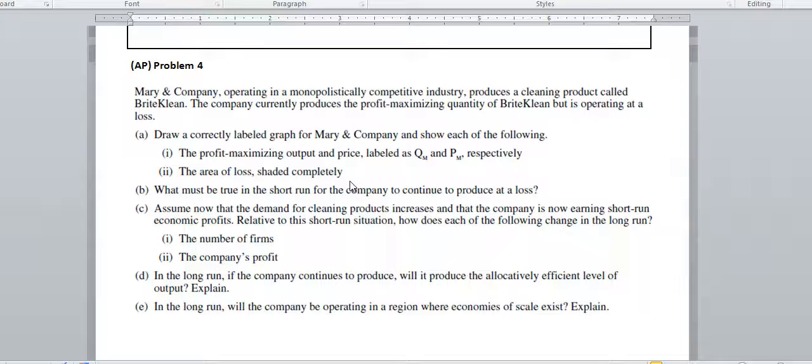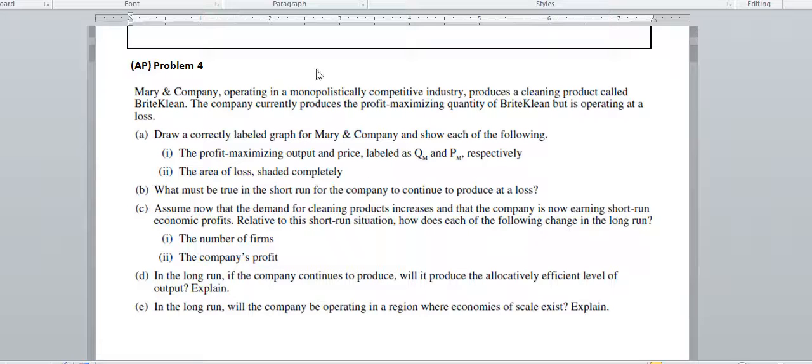The average variable cost curve is going to be below the average total cost curve, because the average total cost curve is made up of average variable cost plus average fixed cost. So as long as price is above the average variable cost curve, the firm will continue to operate at a loss in the short run.